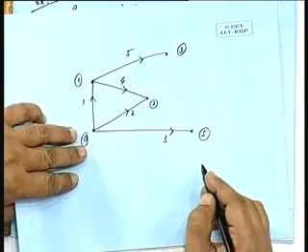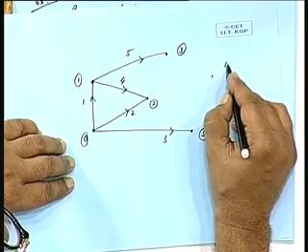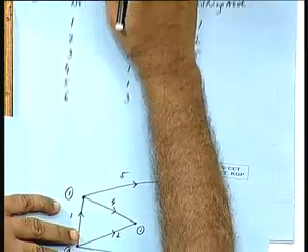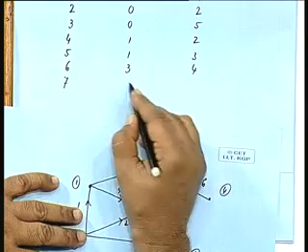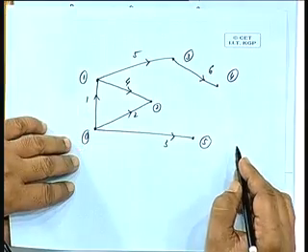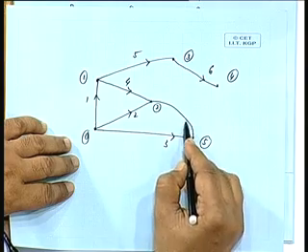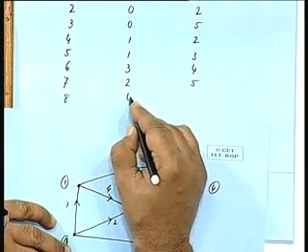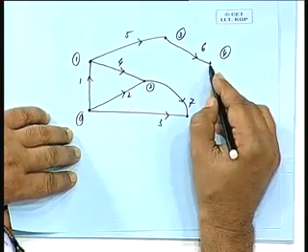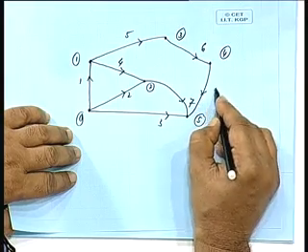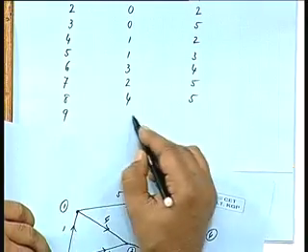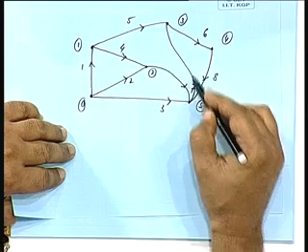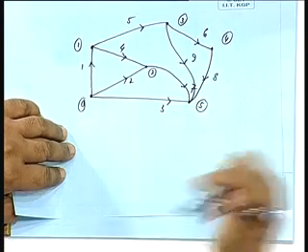So, let us take this as the sixth element. Then seventh element is between 2 and 5, seventh element. Eighth element is between 4 and 5, eighth element. And the ninth element is between 3 and 5, ninth element. Okay.